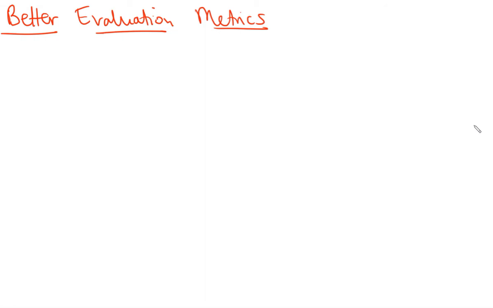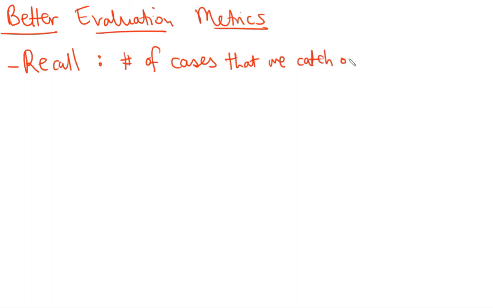And this is where this video is coming in, and those graphs that we plotted. There's something called recall and precision. And we talked about that in the previous video briefly. Recall is defined as the number of cases, the number of fraudulent cases that we catch out of the total true number of cases.